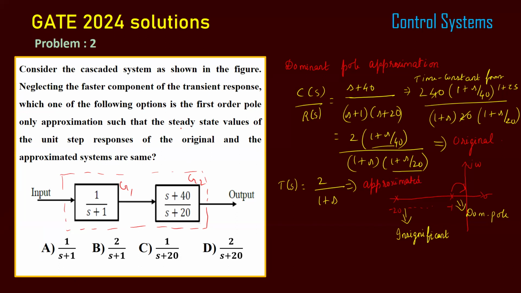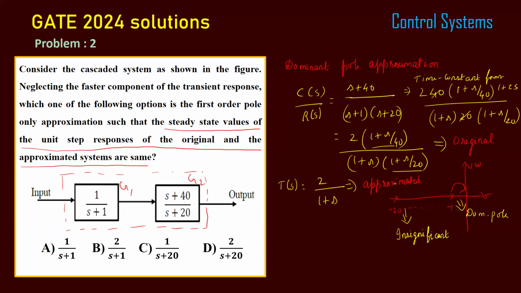Steady state values of the unit step responses of the original and the approximated systems are the same. We have found the transfer function for the original and the approximated system.